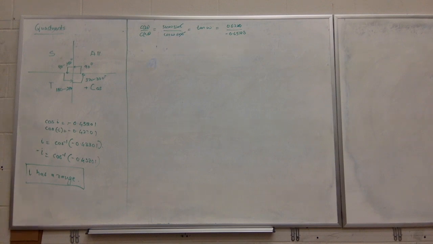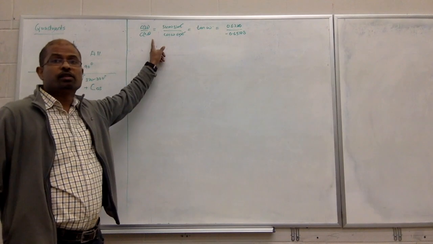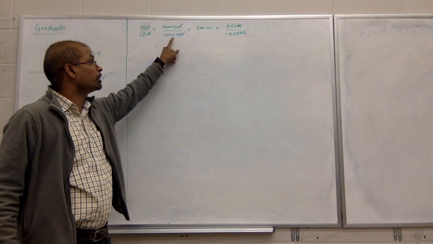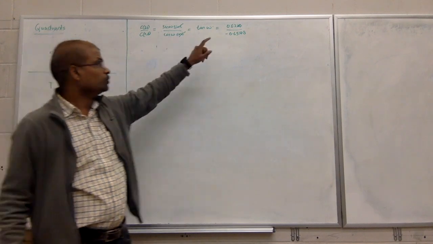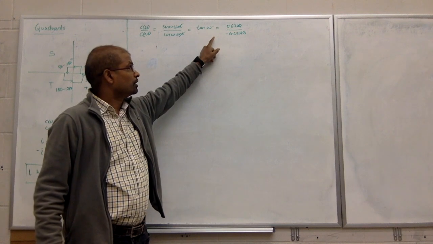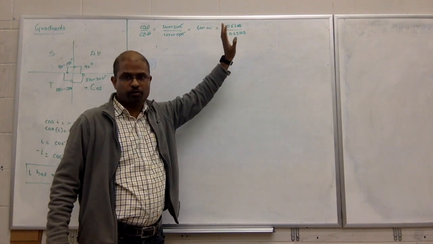Cell 1,3 is sine omega sine I. Cell 2,3, second row, third column, is cosine omega sine I. Okay? And I've just substituted those values.